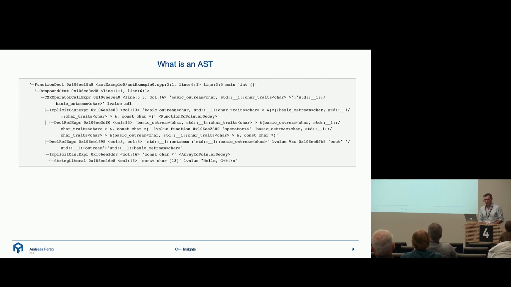The reason for that is that this program uses parts of the standard library, and that involves a lot of template instantiations and other things created in the background, so the AST output is very large. If you submit an issue report for C++ Insights, I'm very happy if you can avoid using the standard library. Not because I dislike it, but it makes it really hard to see through all those things.